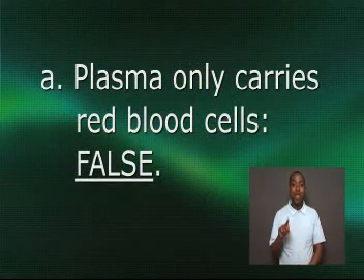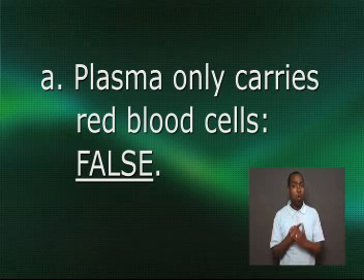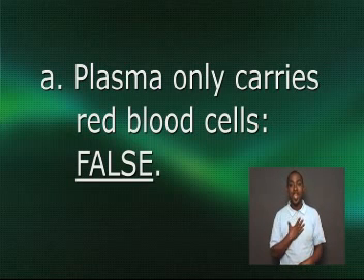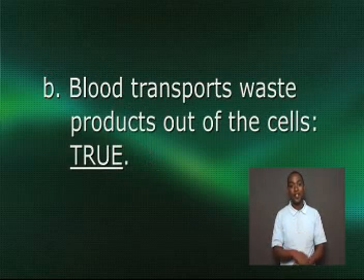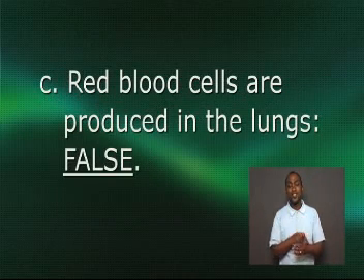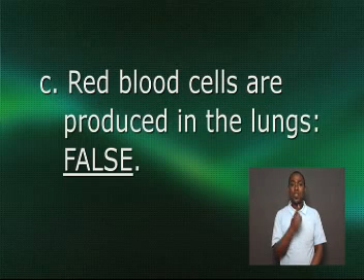Plasma does not only carry red blood cells. Plasma carries red blood cells, white blood cells, and platelets. Blood does transfer waste products out of cells. Red blood cells are not produced in the lungs.